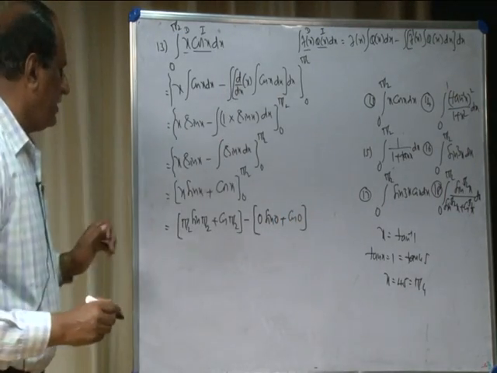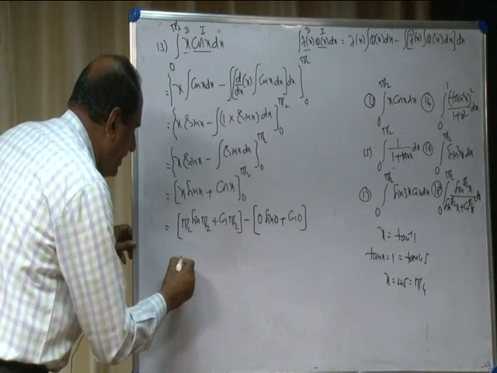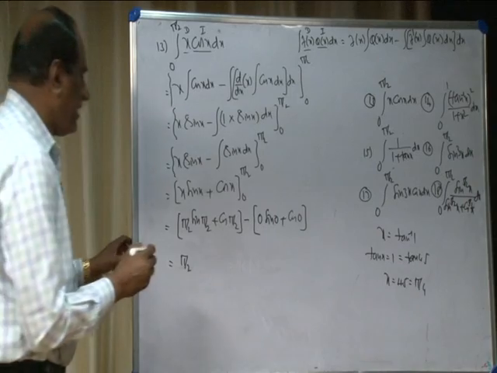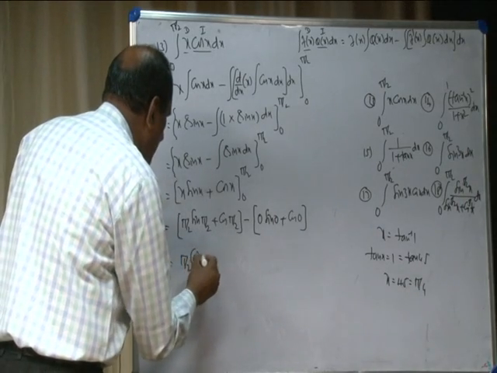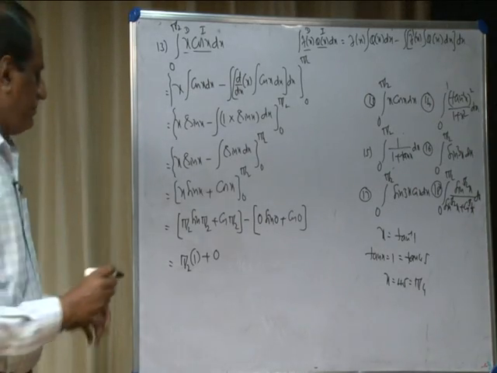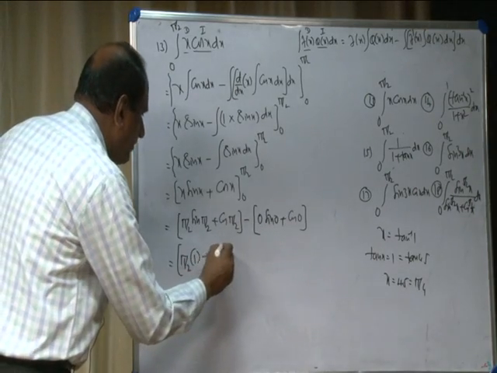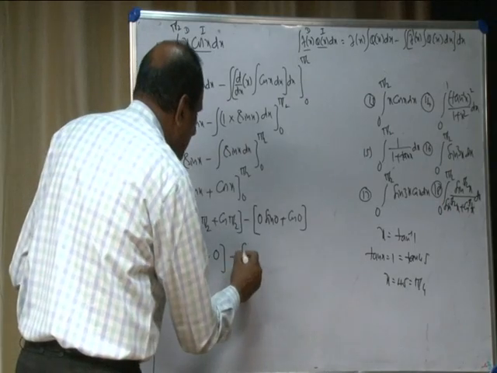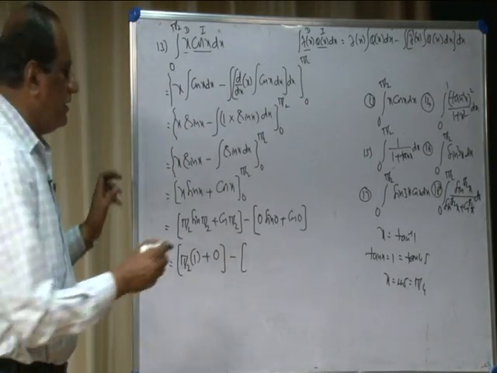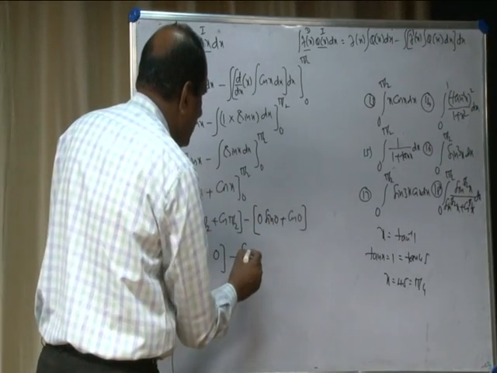Now, pi by 2 sin pi by 2: sin 90 value is 1, and cos pi by 2, cos 90, is 0. Close the first big bracket, minus: 0 into anything is 0, sin 0 is also 0, and cos 0 is 1.